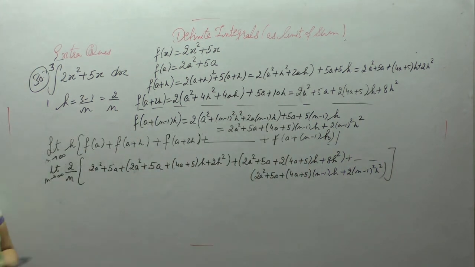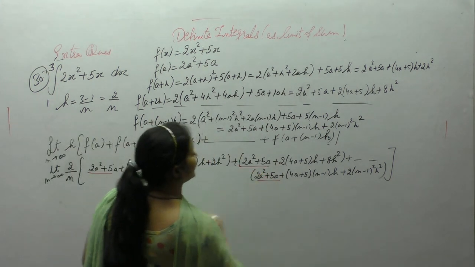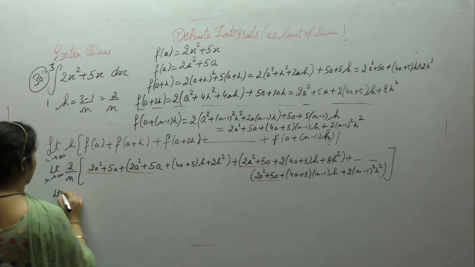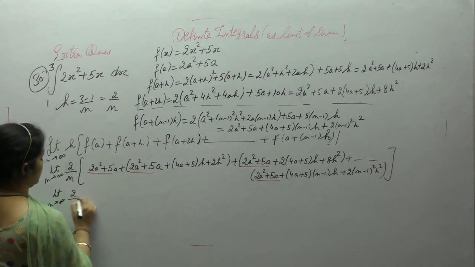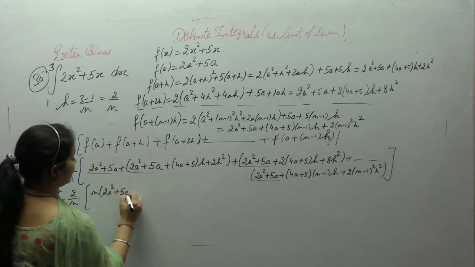Now see the term which is common: 2a square plus 5a comes in all the terms. So limit n tends to infinity, 2 by n times 2a square plus 5a.